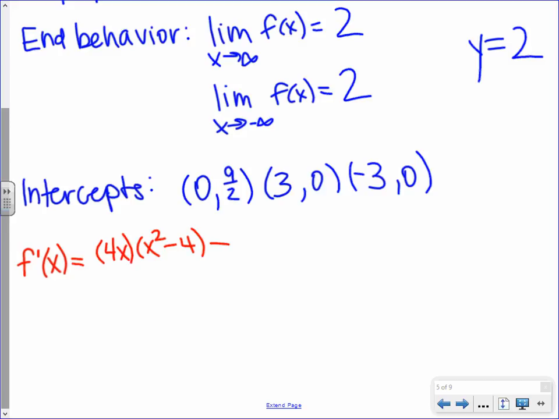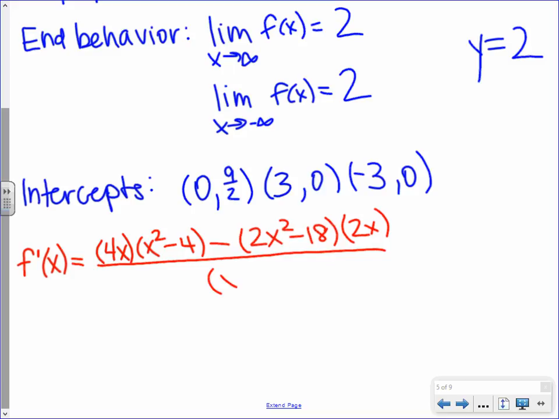Okay. Minus high, d low, which is 2x, all over x squared minus 4, squared. Okay, this is where it becomes very important to simplify, because we're going to have to take a second derivative. Do you really want to leave it like that? No, didn't think so.